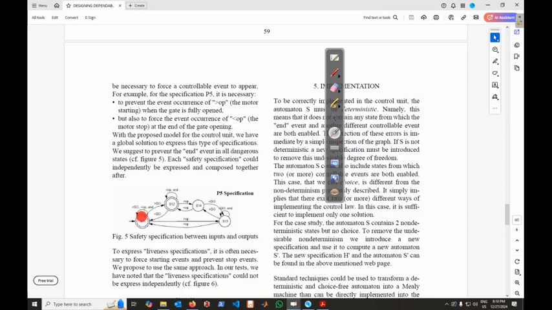Now, if the sensor tells us that the gate open is 0, then there is no problem also. The proximity switch means that the gate is not opened. Okay, fine.